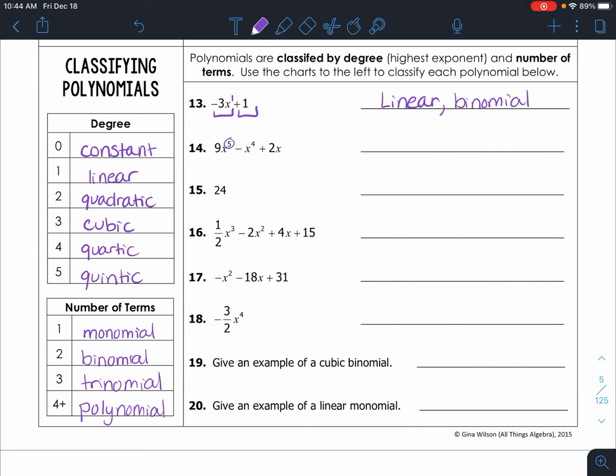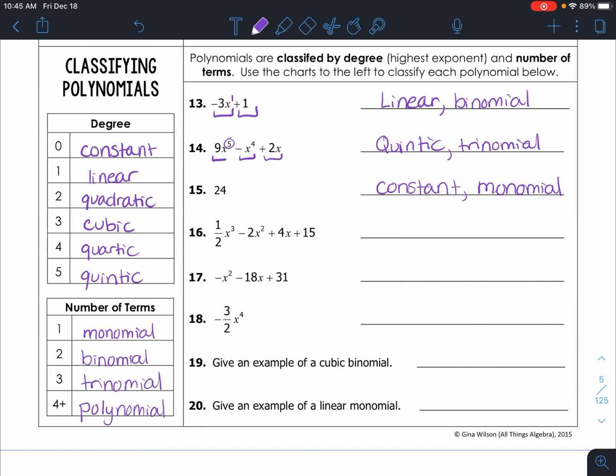So this is a quintic. And we have 1, 2, 3 terms, so it's a trinomial. Number 15, the degree is 0. There's no variable, so it's a constant. And then there's only 1 term, so it's a monomial.